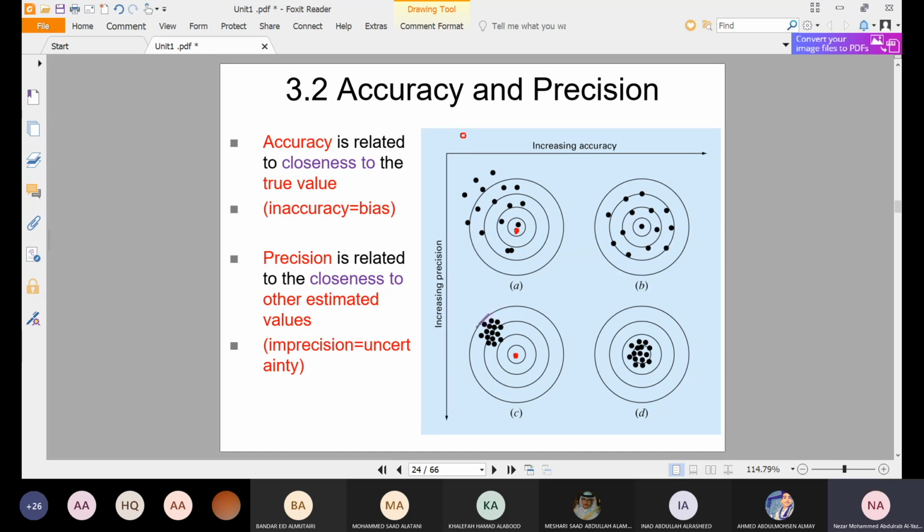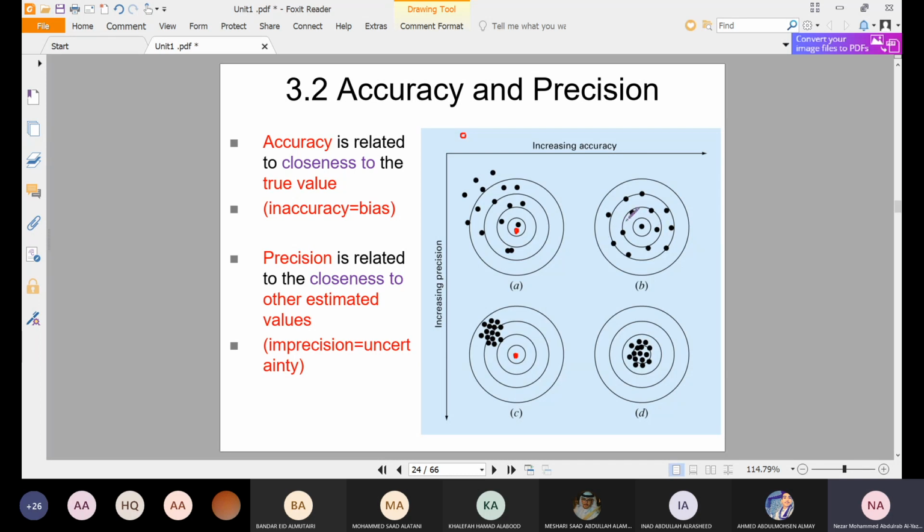Okay, so all the estimations here are close to each other, but far from the true value, so this will be precise but not accurate. Here we have a considerable distance between our estimations, so this will be imprecise, or we have uncertainty here.